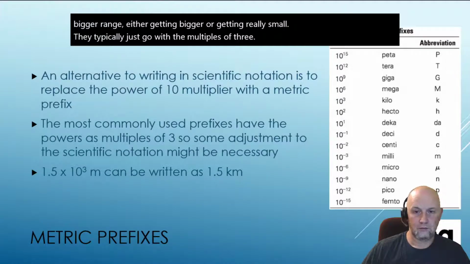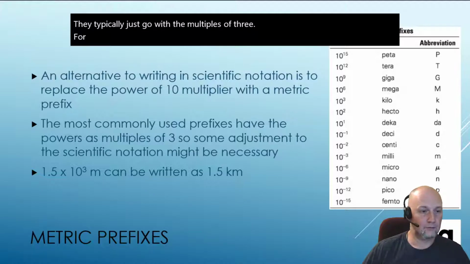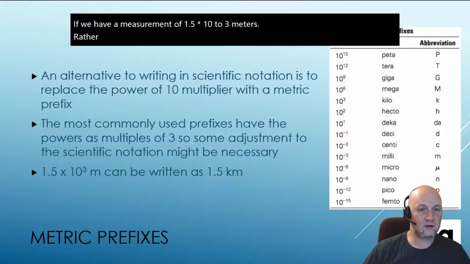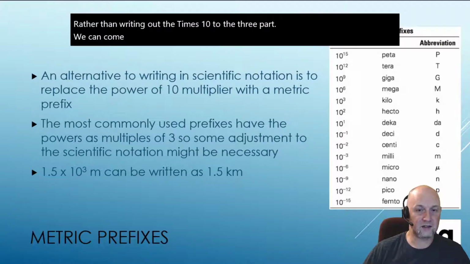So, for example, if we have a measurement of 1.5 times 10 to the 3 meters, rather than writing out the times 10 to the 3 part, we can come over to the table and see that times 10 to the 3 is kilo.